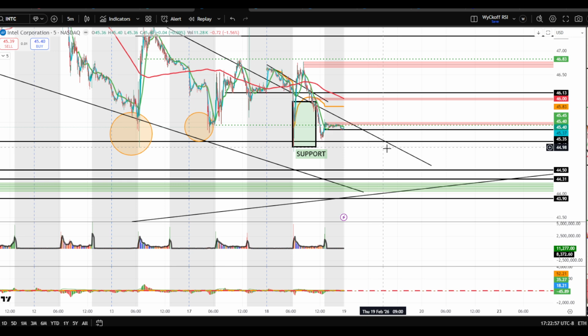If it drops further, then it could go to 44.50 to 44.30 and see what happens.